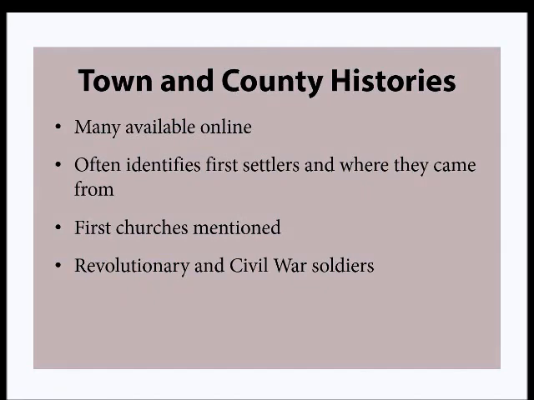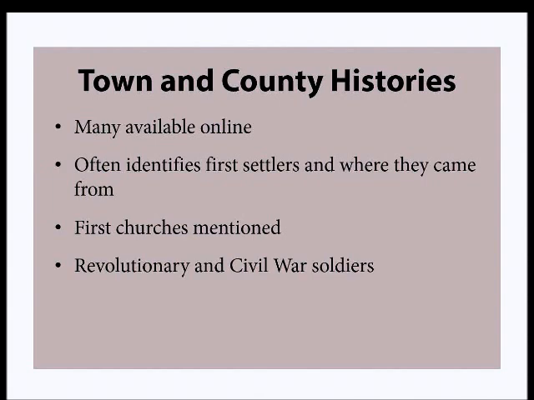Okay, town and county histories. I talked about these last session. Many of these are available online. They're great finding aids. Any book that was published before about 1920 is fair game to be online. And in your handout, I've listed some of the places that you can go to find these online county histories. As I said earlier, they frequently identify the first settlers and where those settlers came from.